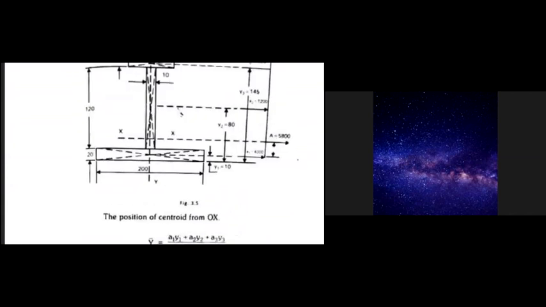A1, that is rectangle 1, dimension is 200 cross 20.